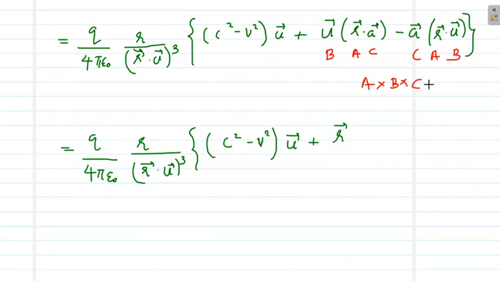This order should not be changed. We cannot consider any other vector as A, B or C. So it is R bar cross (U bar cross A bar). So this is the final expression for our electric field of a moving point charge.